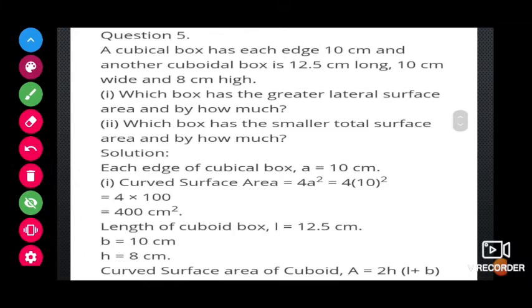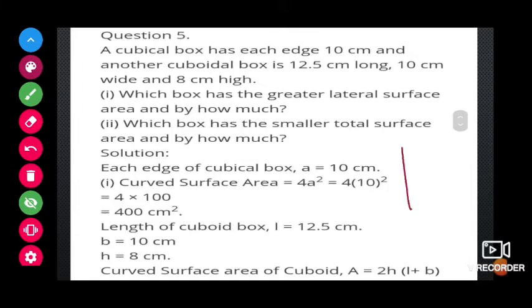So first we will find the total surface area by using the formula 6a square, and for the cuboid, 2 into (LB plus BH plus HL). That is the total surface area. The question they asked is, which box has the greater lateral surface area?